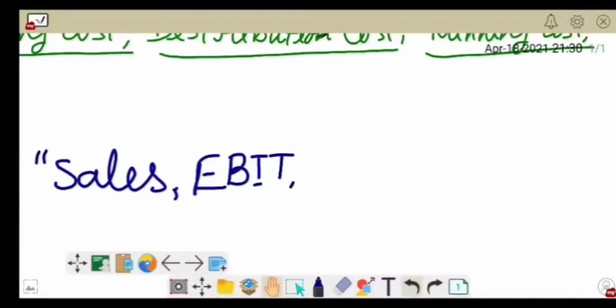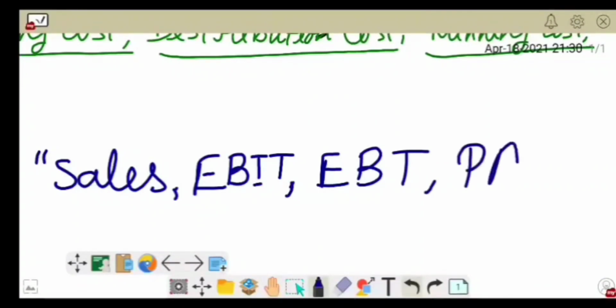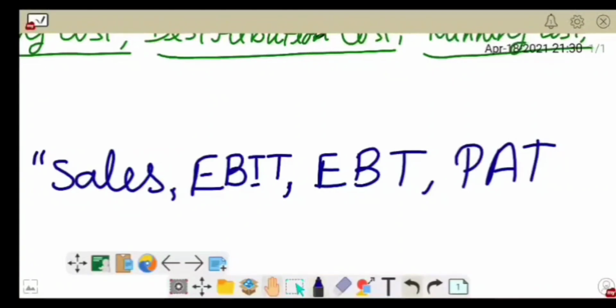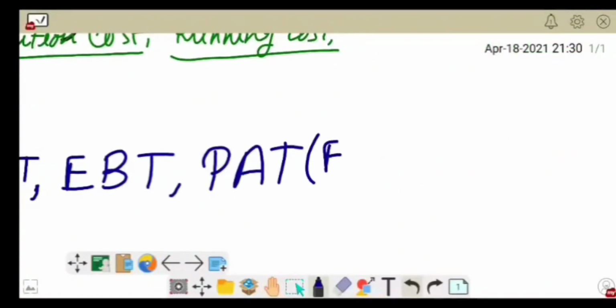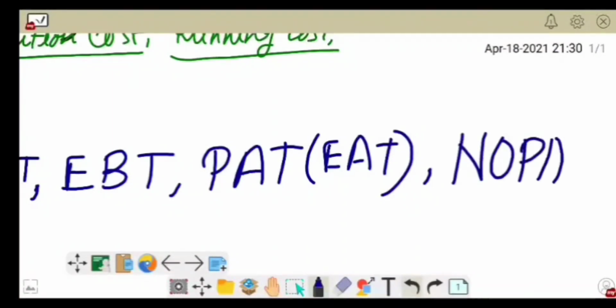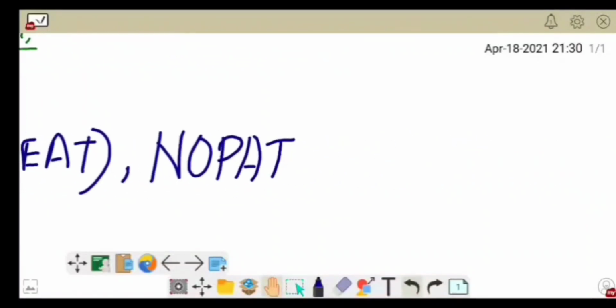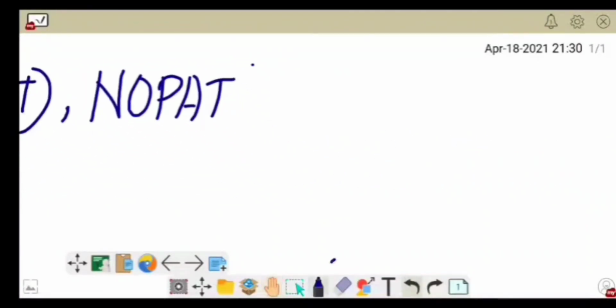EBIT, earning before interest and tax; EBT, earning before tax; PAT, profit after tax, or EAT; and NOPAT.